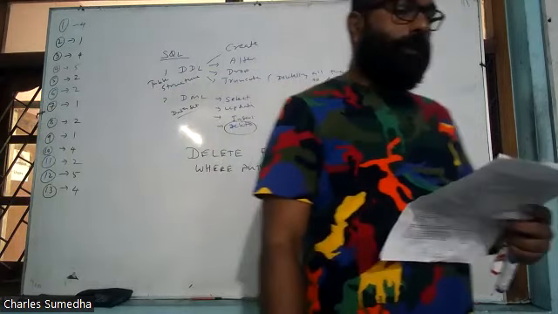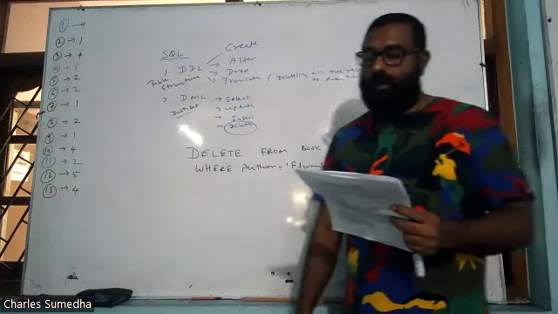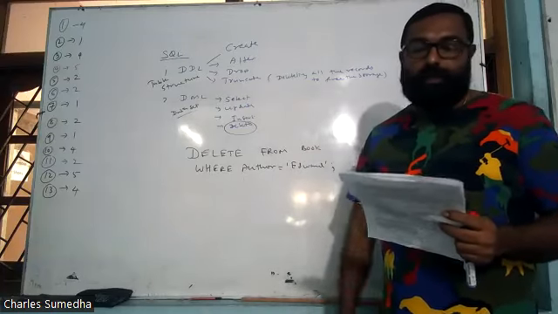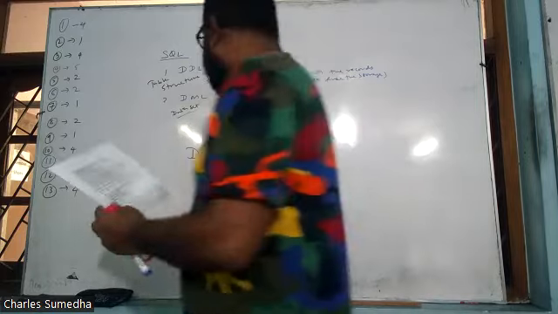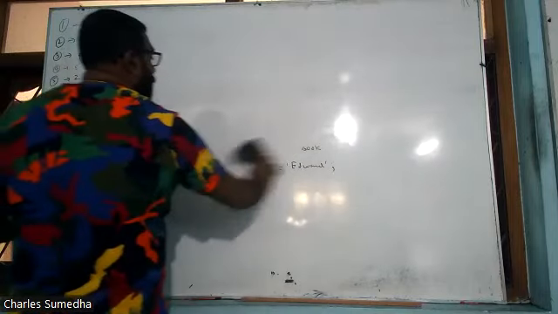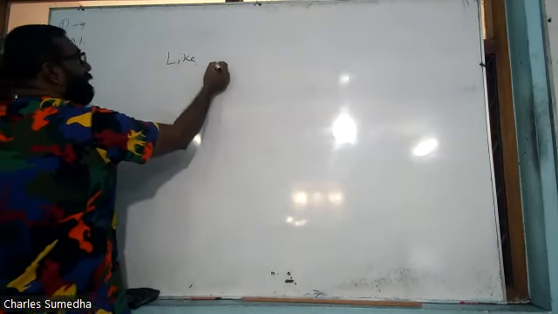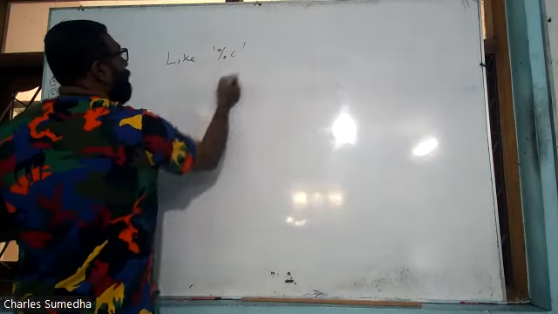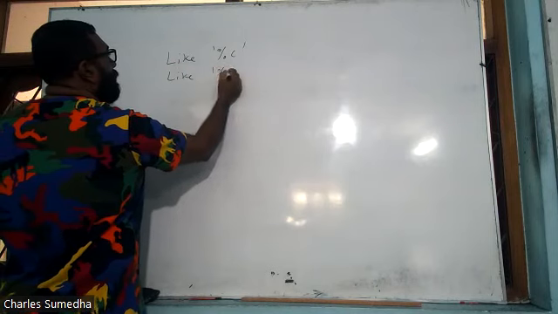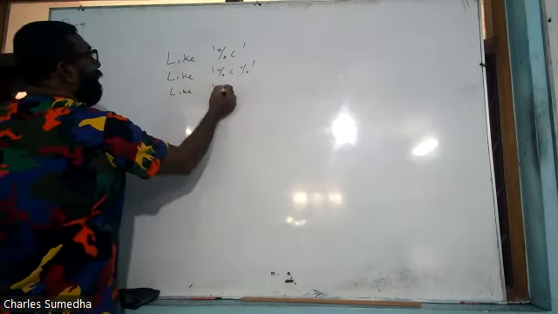Then the 14th one. What is the appropriate SQL statement for selecting all the data in the records with data starting with the letter C in the first name field of the student table? Now remember, they are asking for starting with some letter. So what is the partial match rule? We can use LIKE. Like C percentage, like percentage C percentage, and like C percentage.